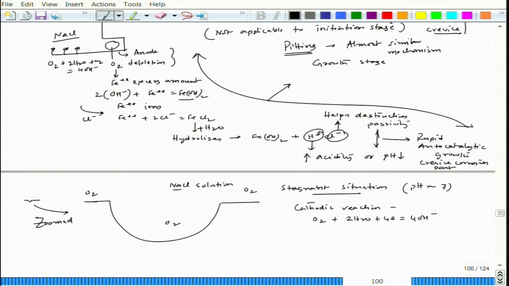Now, after some time, because it is a stagnant solution, the oxygen content within this pit drops down. That means there is depletion of oxygen. In this portion, no depletion of oxygen, here also no depletion of oxygen.